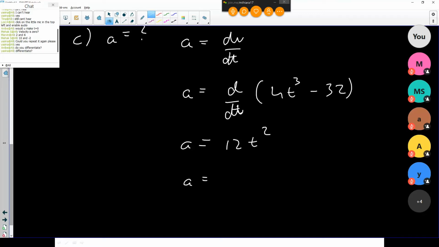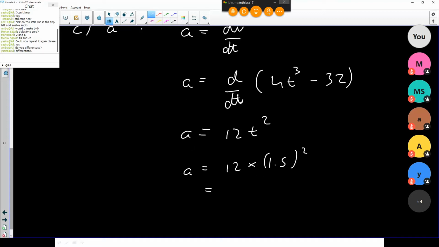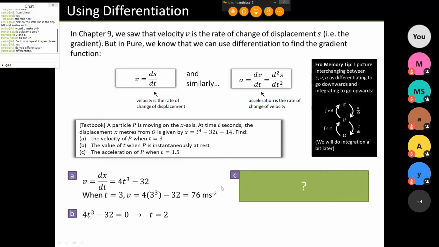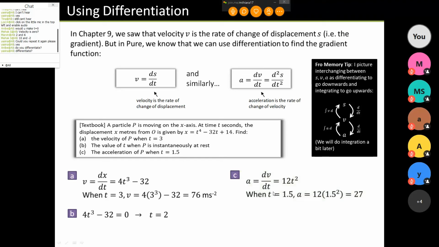So a is equal to 12 times 1.5 all squared. And that is whatever that is. I should be better prepared for next time with a calculator. Left mine at school, sorry. And there we go, it's 27 meters per second squared.